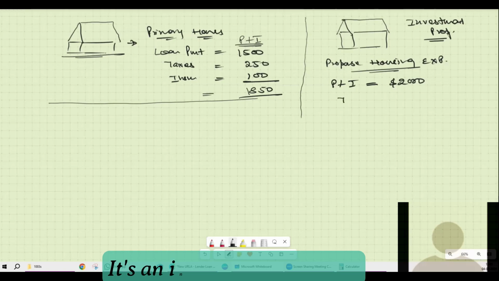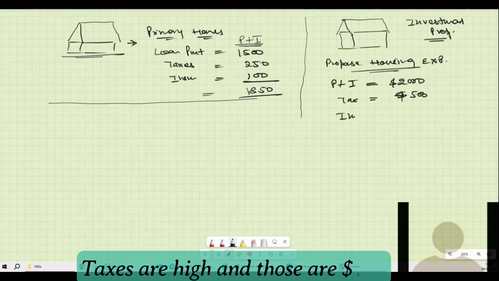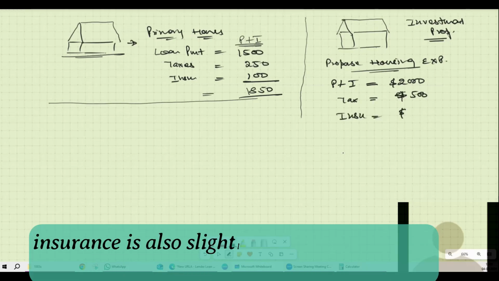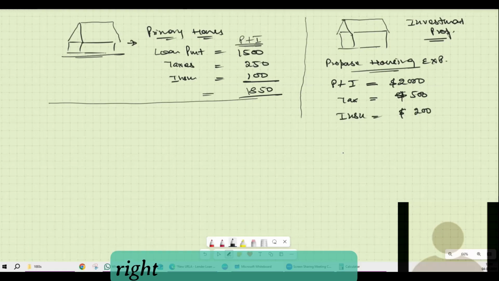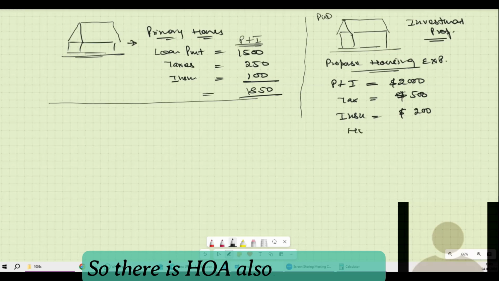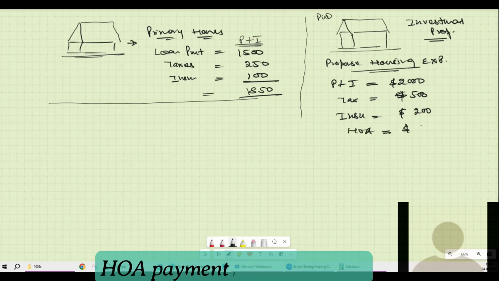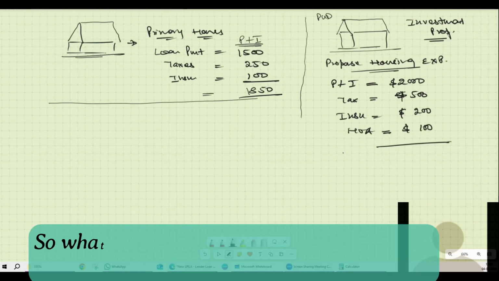It's an investment property. Property taxes are high, $500. Insurance is also slightly high, $200. It's a third property, so there is HOA also. Let's say $100 per month. What is the total proposed payment?